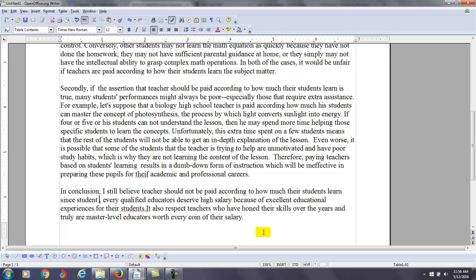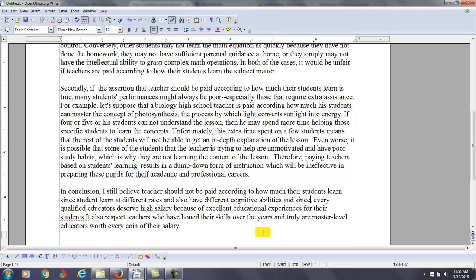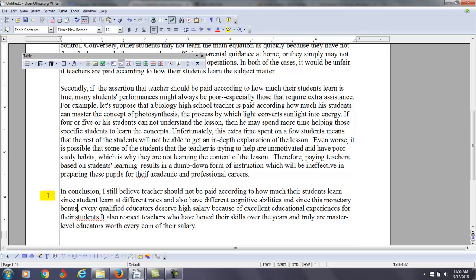Since students learn at different rates and also have different cognitive abilities, we'll say this monetary bonus will result in a poor form of instruction for all, we might say.